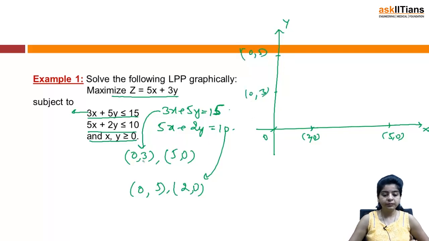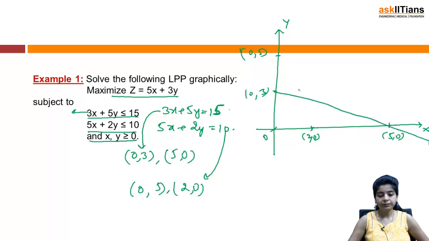Now just draw these points. This is 0, 3 and 5, 0, and just join these 2 points. So I have this line. And similarly just join the other 2 points. So I get this.